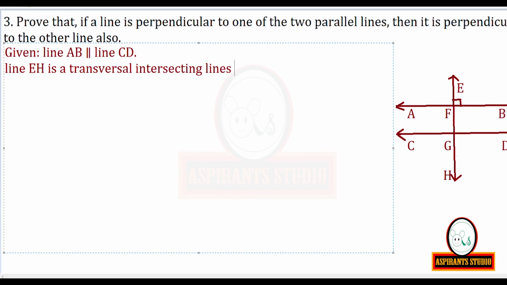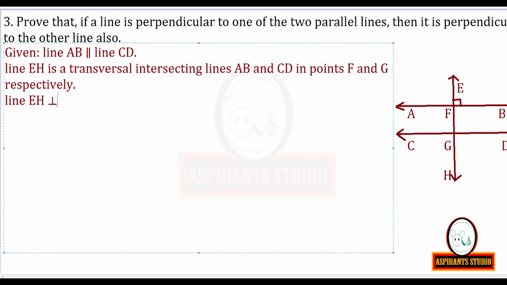What is given? Line AB is parallel to line CD. Line EH is a transversal intersecting lines AB and CD in points F and G respectively. Line EH is perpendicular to line AB. This is also given.